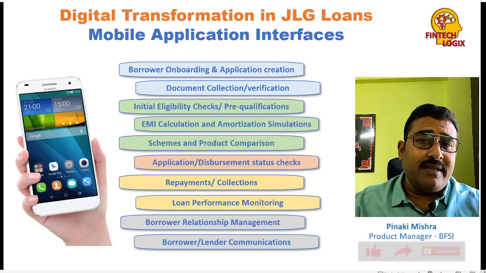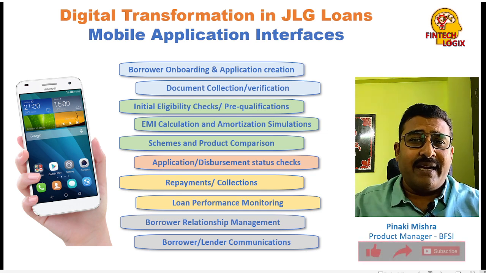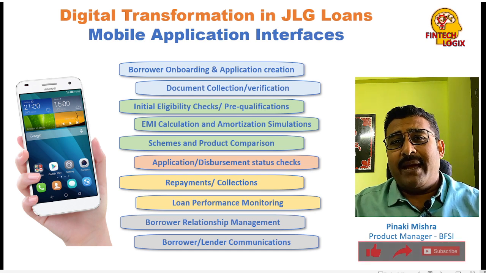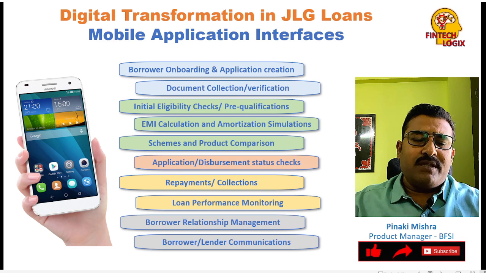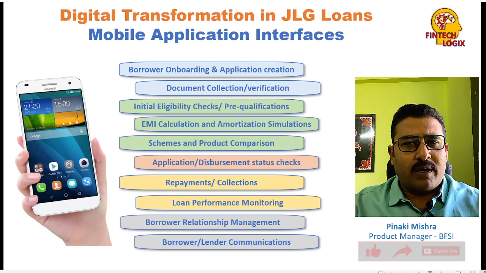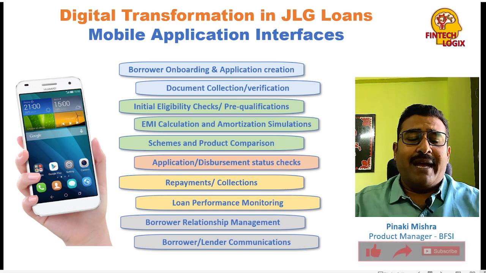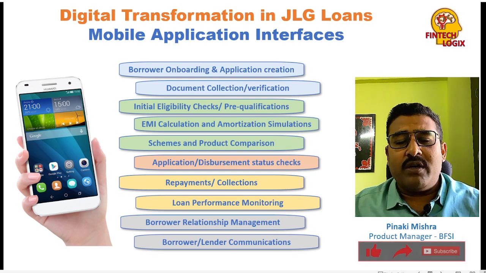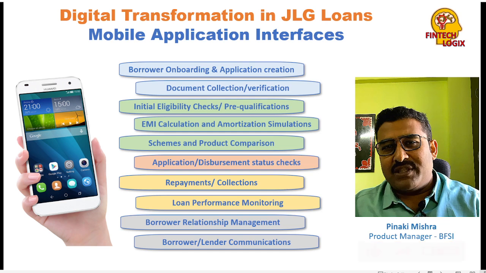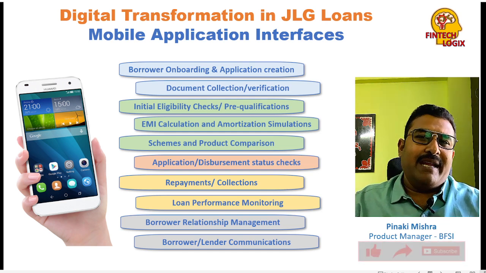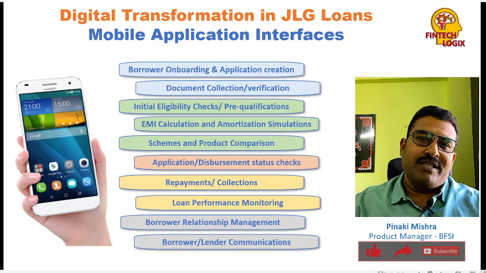In some cases even lenders have started extending mobile apps to the borrowers as well. So the use of the smartphone has actually helped a lot in JLG loan upliftment, in making the process smooth and even earning customer delight on these loans.